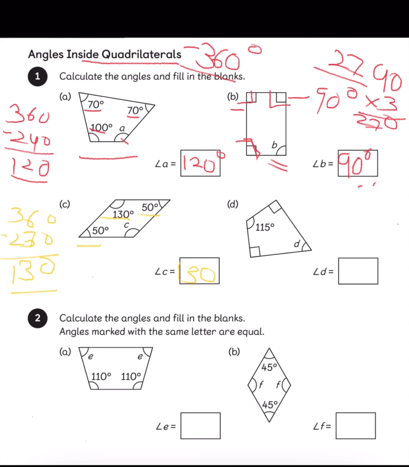So I have 115 degrees. Now here you see again, they have asked us to be a little bit more of a logical thinker. And when I think about it, this is 90 and 90, which is nothing but my 180 degrees. So 180 degrees plus 115 degrees, I have 5, 9 and 2.